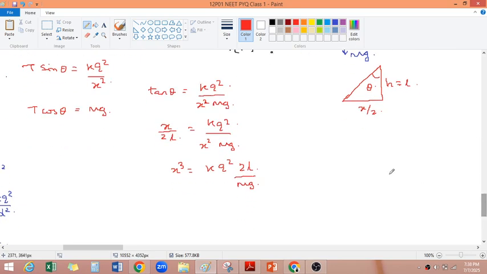So now if I differentiate this, I will get 3x squared dx by dt. K is a constant, 2L mg is a constant, so all these things are constant except the q square. So that means I can say 2 times q dq by dt and some constant, which is k 2L mg.